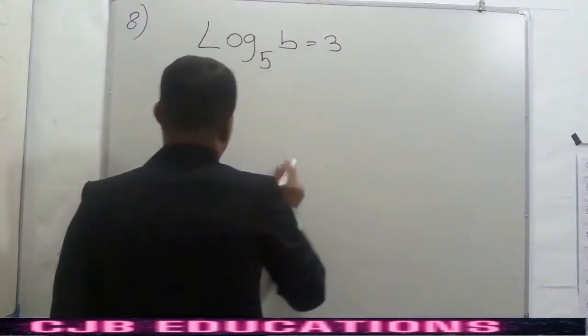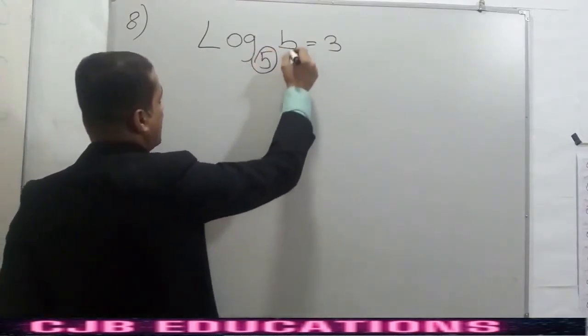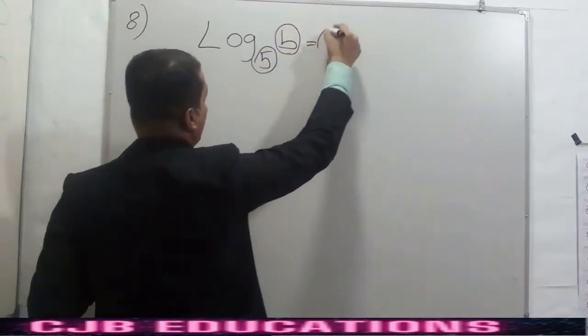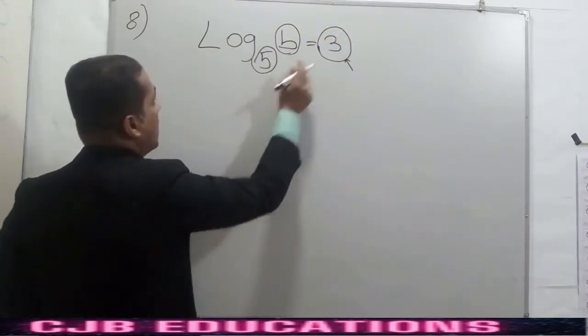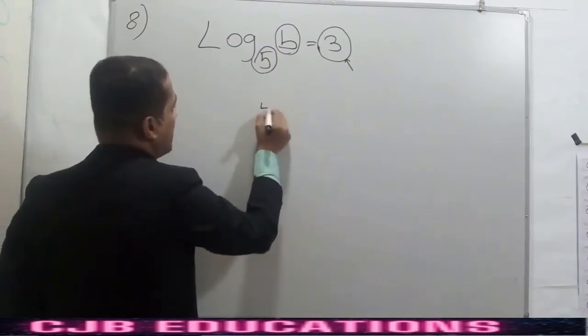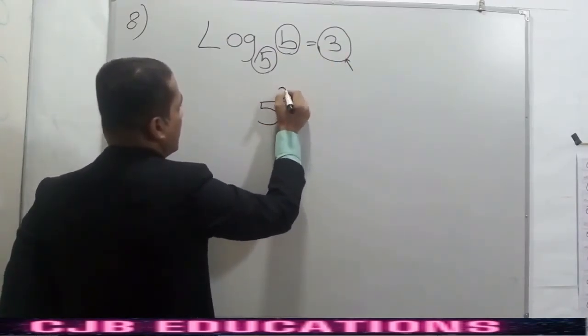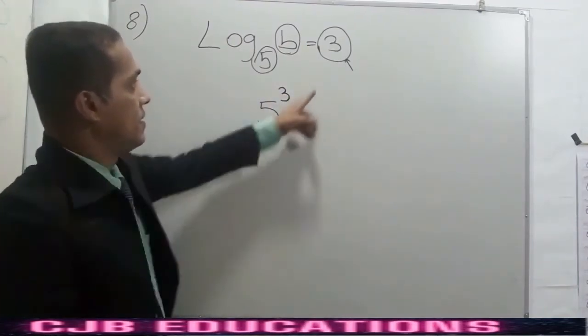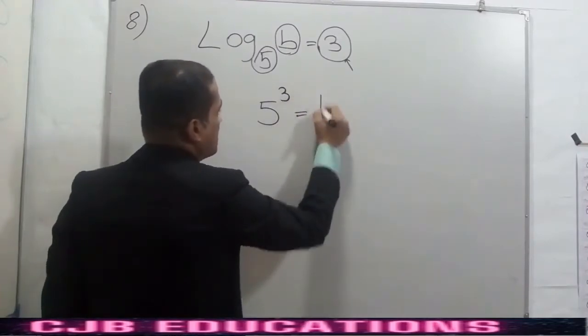How do we write this in index form? This is the base, this is the number, and this is the index. Then it equals b.